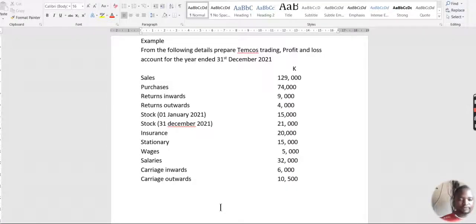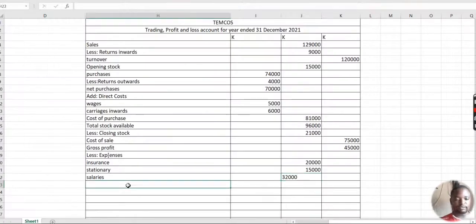Other expenses that we have carriage 500, 10,500. So go and put carriage outwards 10,500. Then what are we going to do? We are going to add this to find the total expenses that the business incurred.